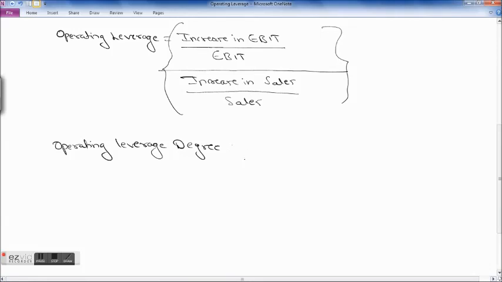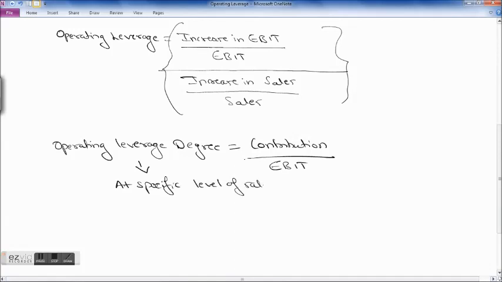So degree of operating leverage is equal to contribution upon EBIT, and this will be different at different levels of sales, because it is at a specific level of sales.